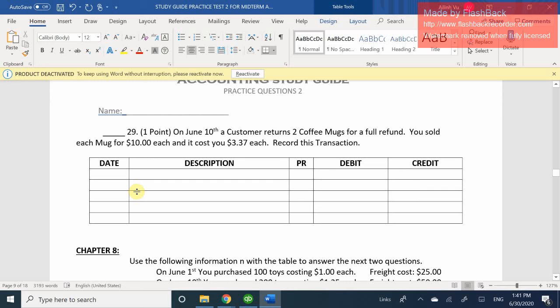29. On June 10, a customer returns 2 coffee mugs for a full refund. You said each mug was for $10. You sold each mug for $10 each, and it cost you $3.37 each. Record this transaction.